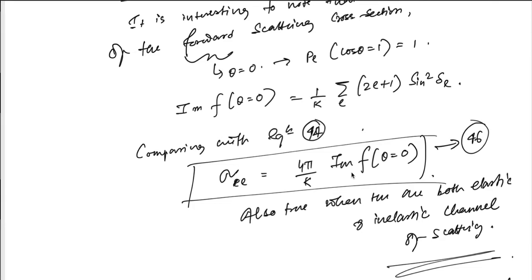This expression is called the optical theorem. There is again some historical design behind it. It was probably first discovered in the context of optics, and that was probably somewhat of a fast theorem, so people call it optical theorem, otherwise they would have named it better.